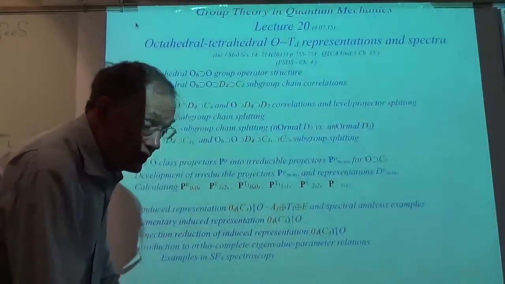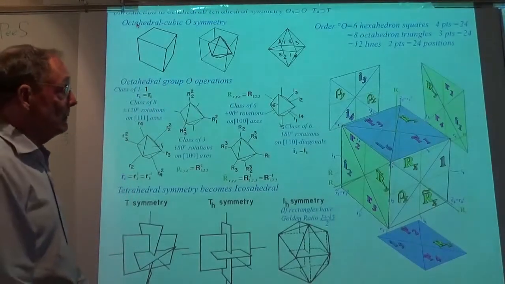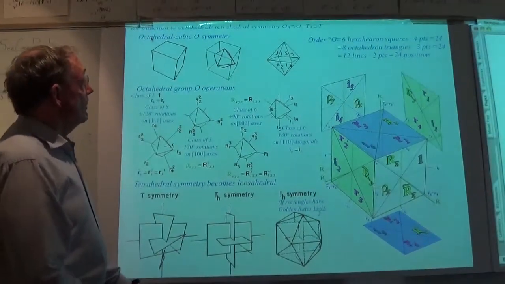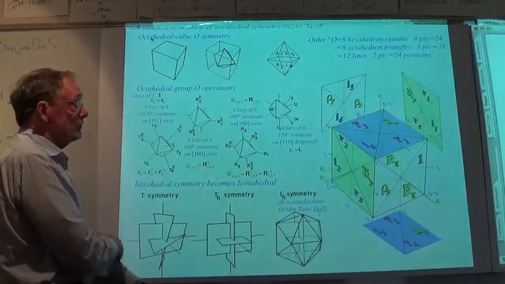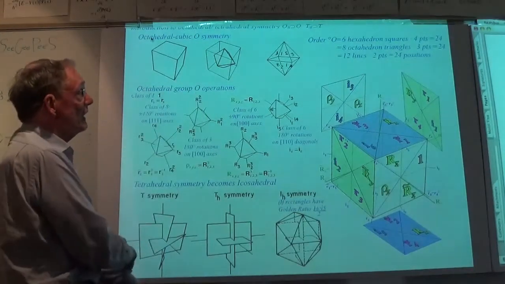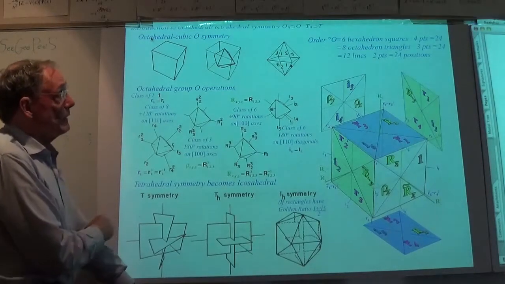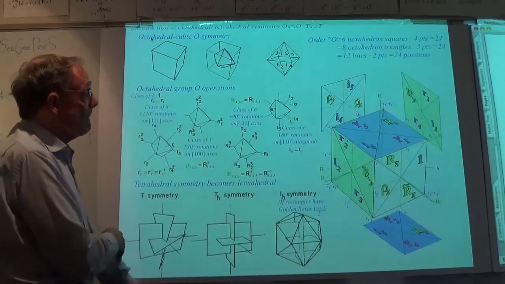So let's get started. The thing that we did last time, and a little bit the time before, was introduce the octahedral symmetry either as a cube or an octahedron. They live inside each other, and are conjugate solids, by the names the mathematicians have given.